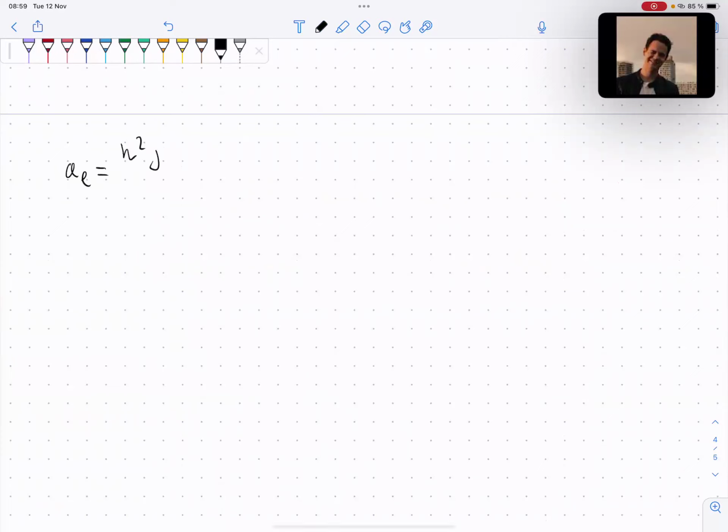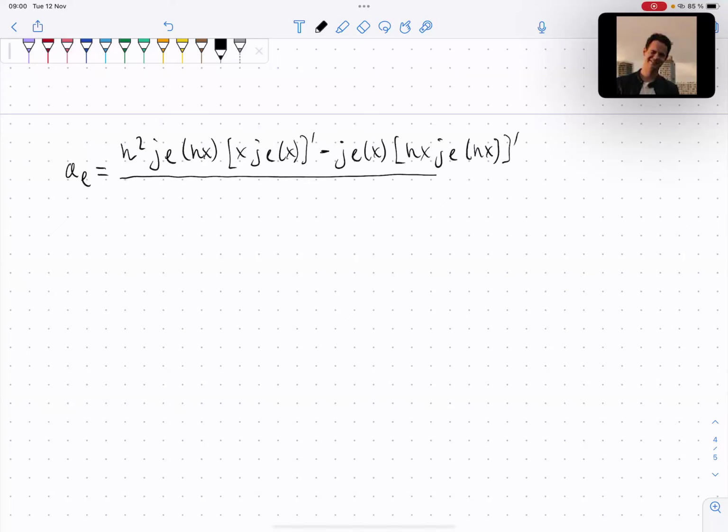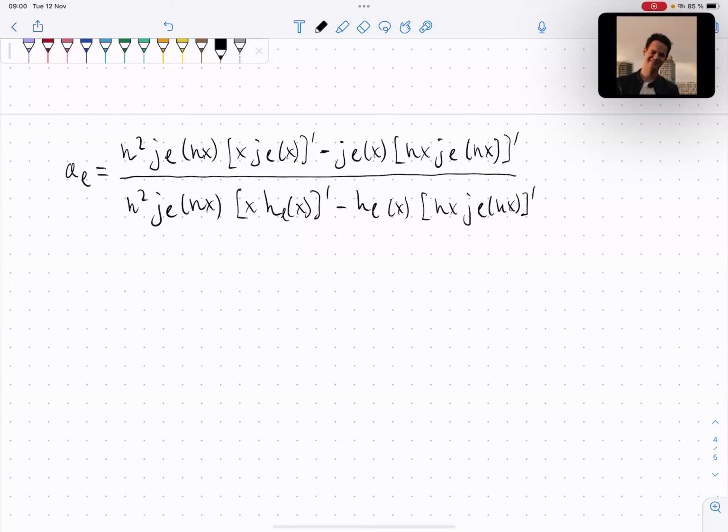The coefficient a_l is n squared j_l of nx, [x j_l of x] prime, minus j_l of x and [nx j_l of nx] prime, divided by n squared j_l of nx, [x h_l of x] prime, minus h_l of x and [nx j_l of nx] prime.